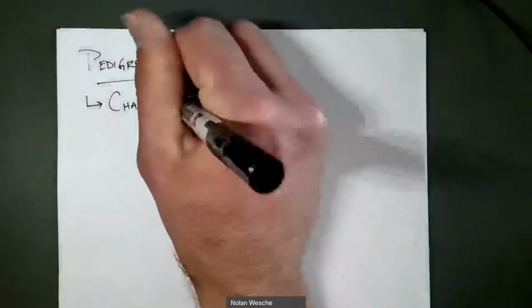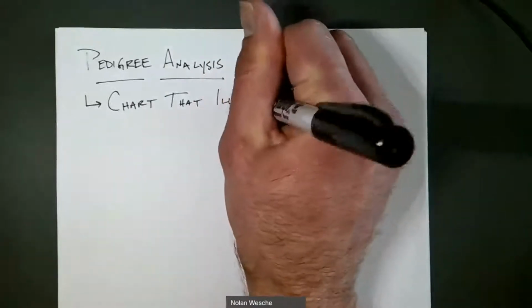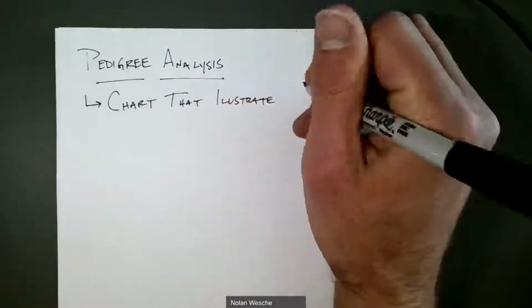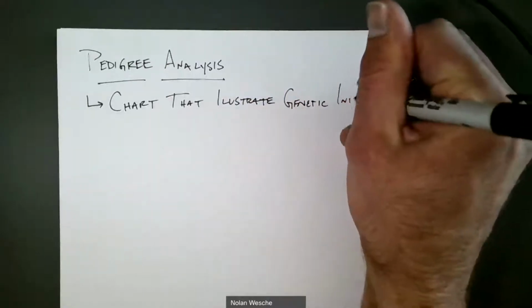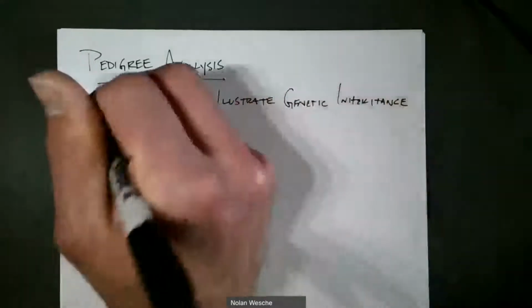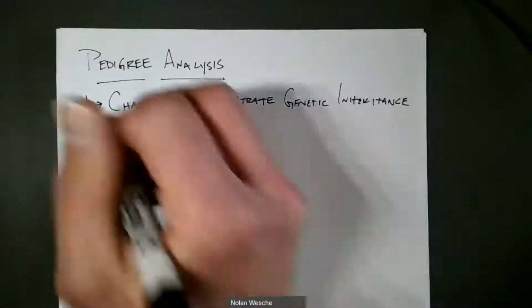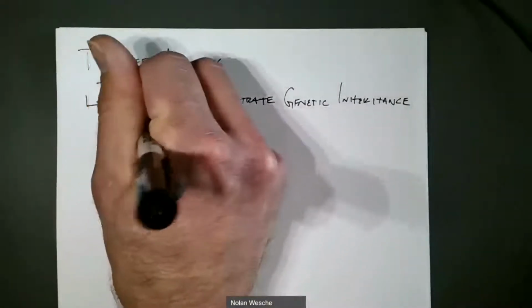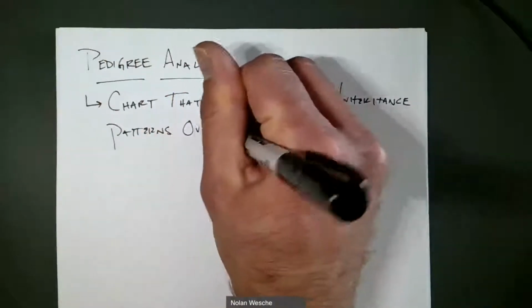And a pedigree is simply a chart that is going to illustrate genetic inheritance over multiple generations. So we'll say a chart that illustrates genetic inheritance patterns, because really there's patterns we're looking for over generations.